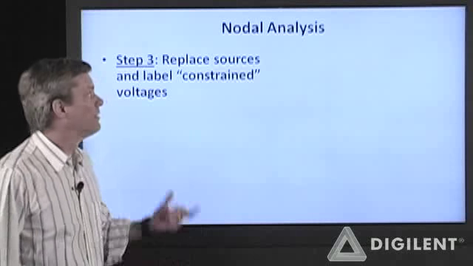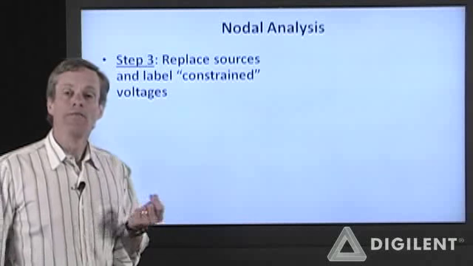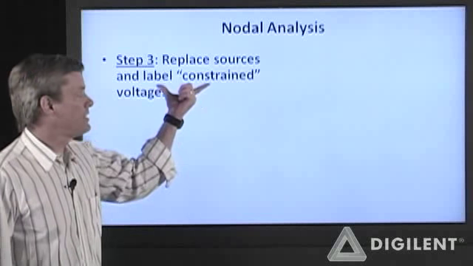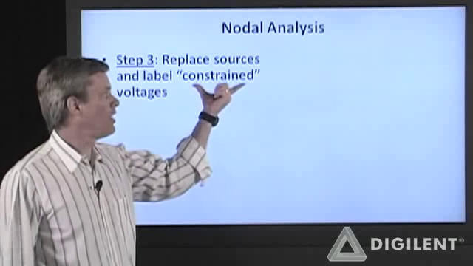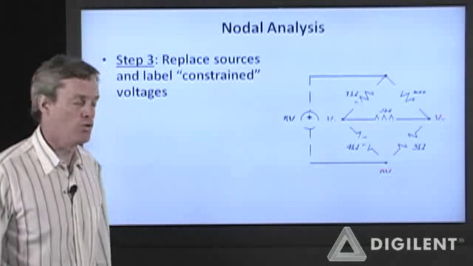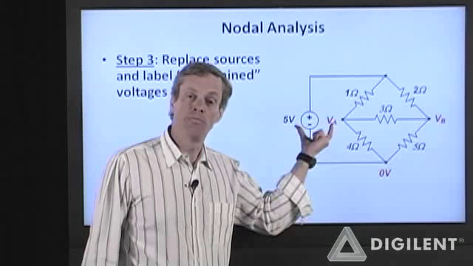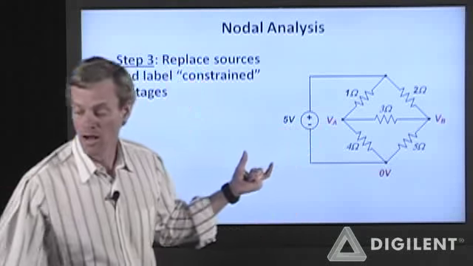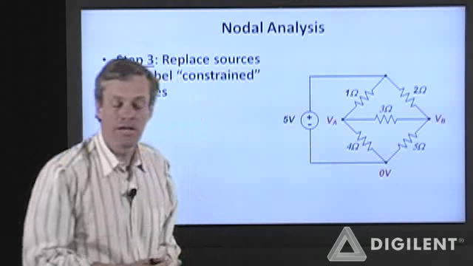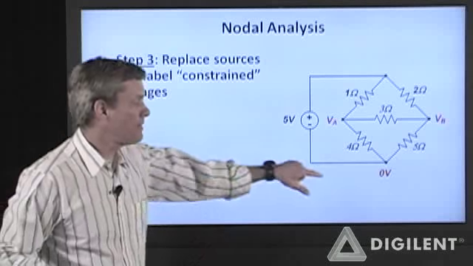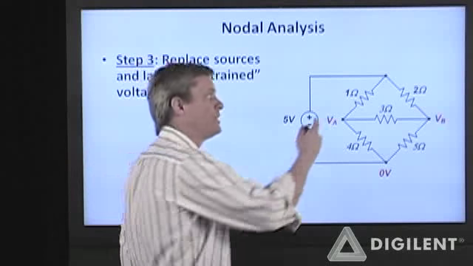Step 3, we're going to replace the sources. That will give us an ability to write down what the voltages are at what are called the constrained nodes. They are constrained voltages. I've taken my short circuit and put my voltage source back in here. I've already said that this node here is not independent, it's dependent upon this one. I can actually write the voltage here.